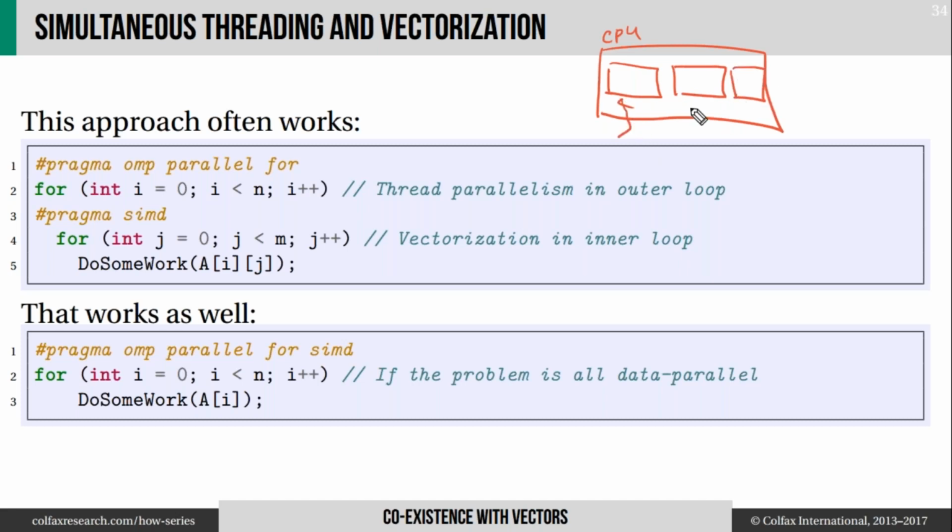And you put threads on the different cores. And then the code of each thread has to have vector instructions in it to take advantage of the vector processing units inside of cores.